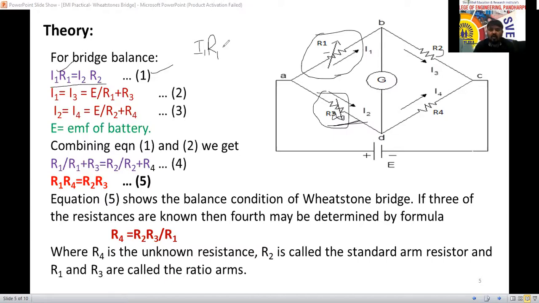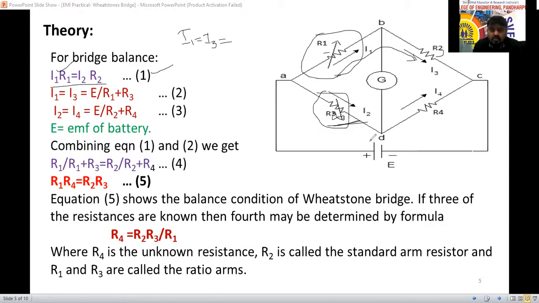If I1 equal to I3, just a minute, I will erase this part. These two have the same current flowing, so R1 and R3 are in series. R1 and R3 are in series or not?